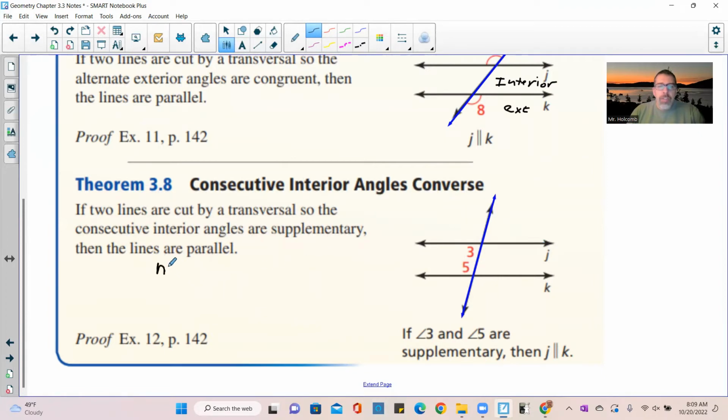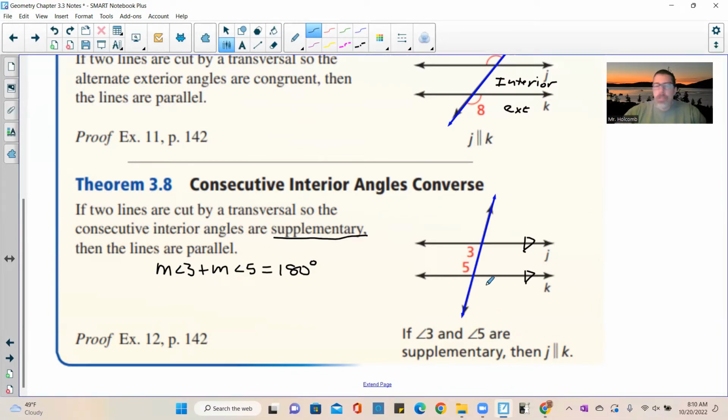So if the measure of angle 3 plus the measure of angle 5 equals, what does supplementary mean? 180 degrees. If the measure of angle 3 plus angle 5 equals 180 degrees, then J is parallel to K. And that's what this states right here.